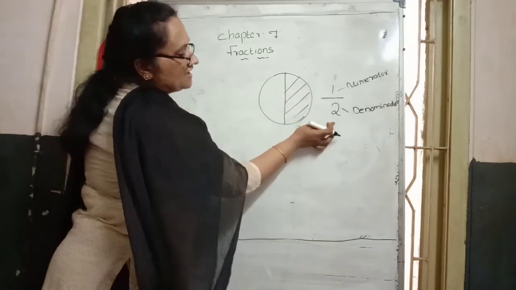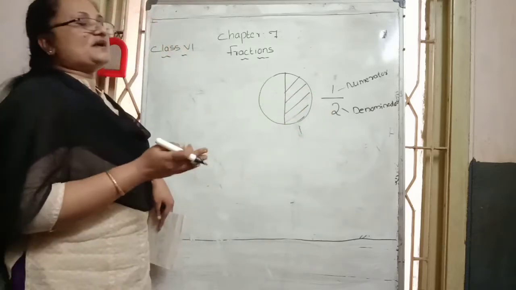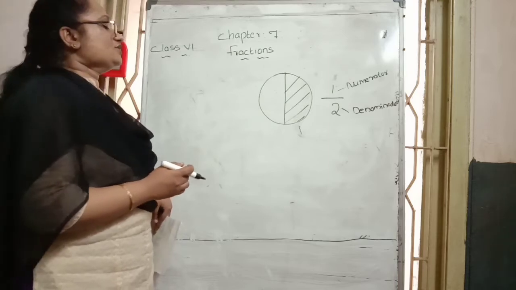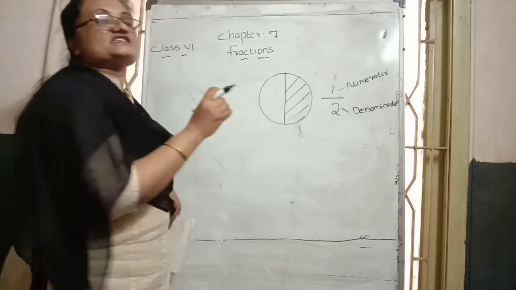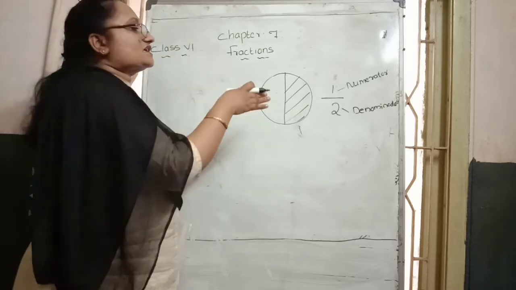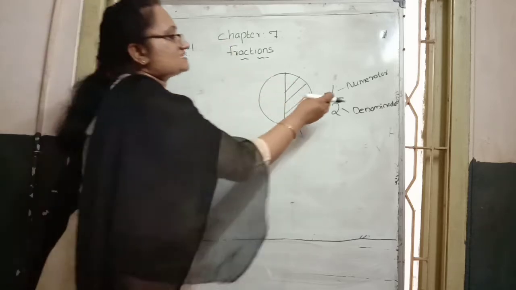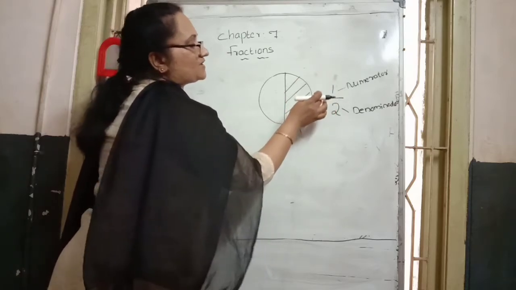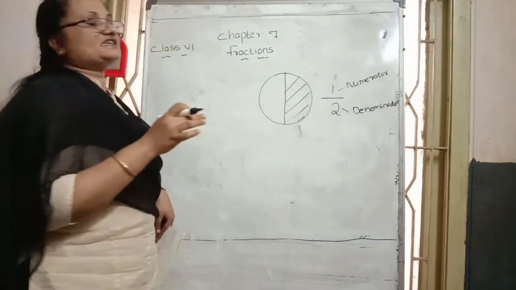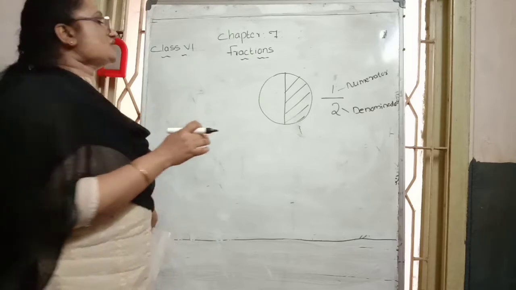This division line's bottom part represents the denominator. So a fraction is a part of a whole thing. We can represent it in this way. The line's top part represents the numerator, the line's bottom part represents the denominator.